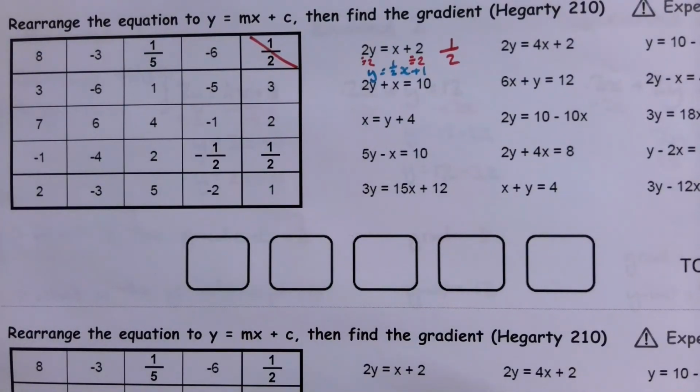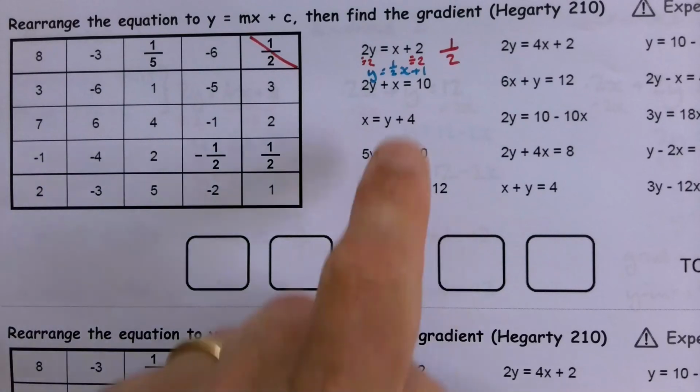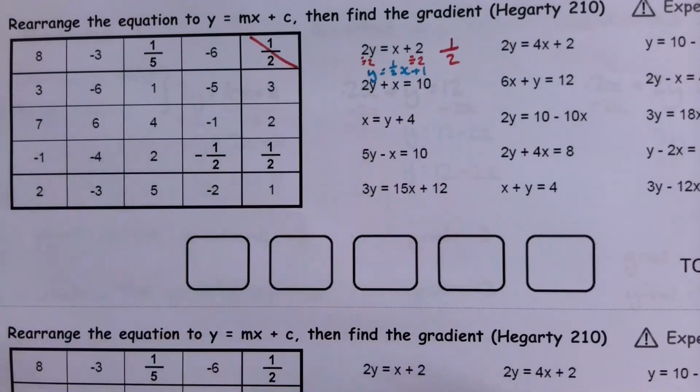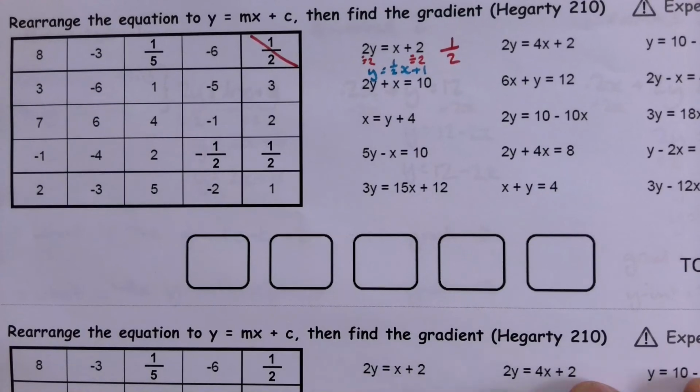What would be another nice one to do? I'll tell you, we'll do this one down here because I think this is the one that confuses people the most. I know we're trying to get things in y = mx + c format, but actually it wouldn't be wrong to get it into mx + c = y format. You can do it either way. It's just what's going to cause you less aggravation with the algebra.